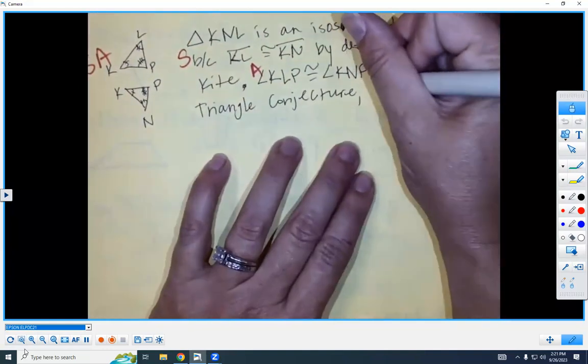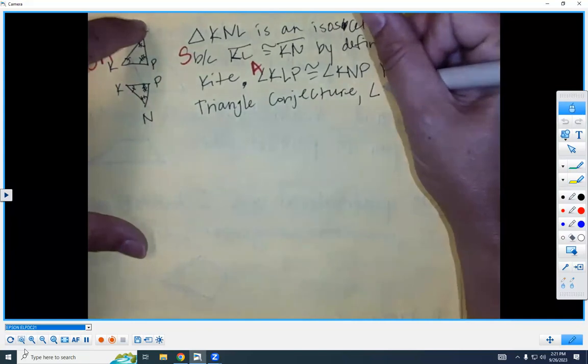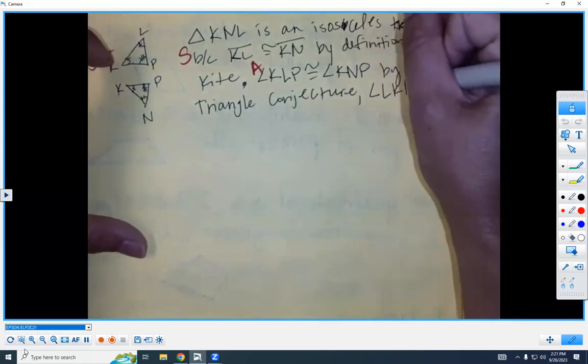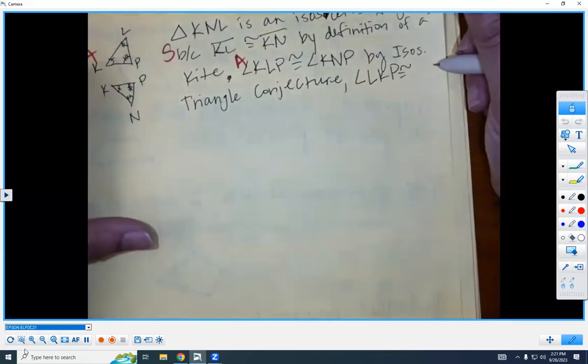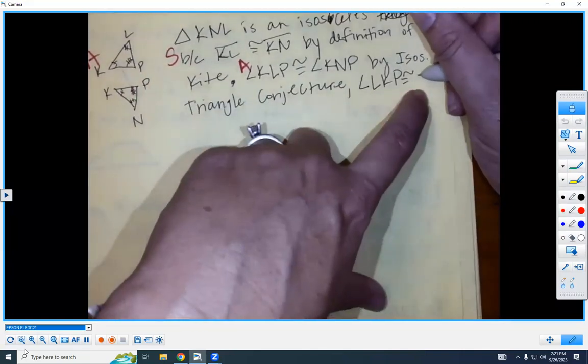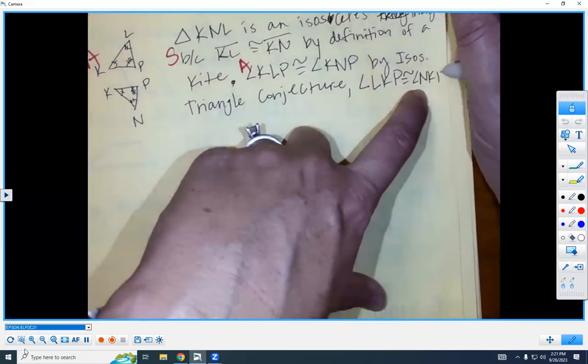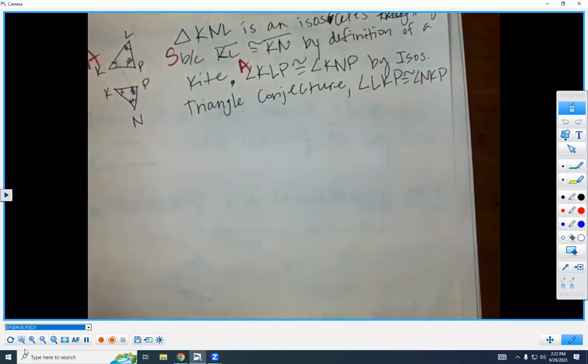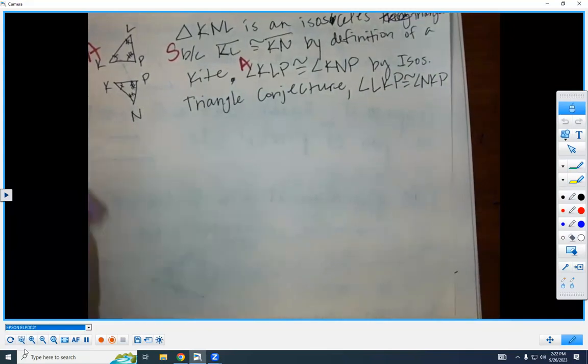So I can say angle LKP is congruent to angle NKP. How do we know? How do you put that?